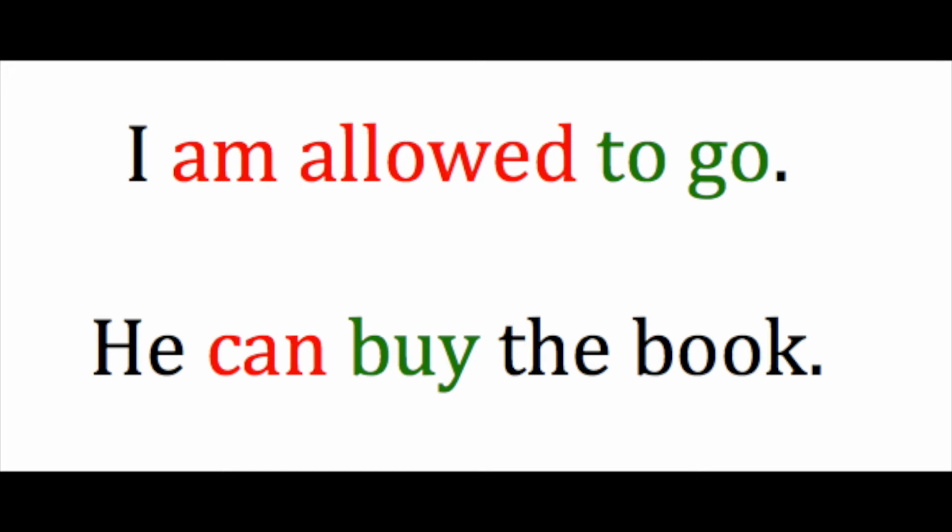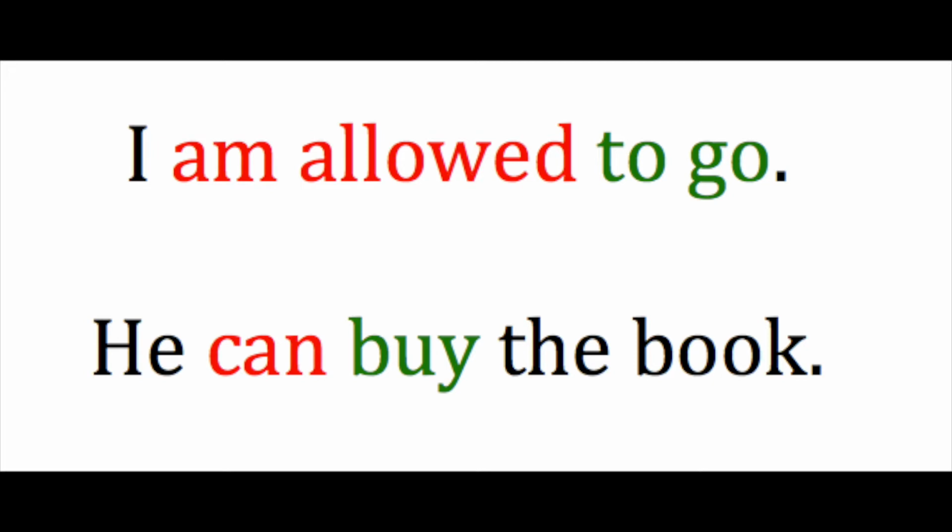So if we look at the first sentence, I am allowed to go. Allowed is the modal. It can't stand on its own if you just say a sentence, I'm allowed, unless something's implied from previously in the conversation. You can't just walk into a conversation and say, yeah, I'm allowed. You need another verb associated with this. In this sentence, it's I'm allowed to go.